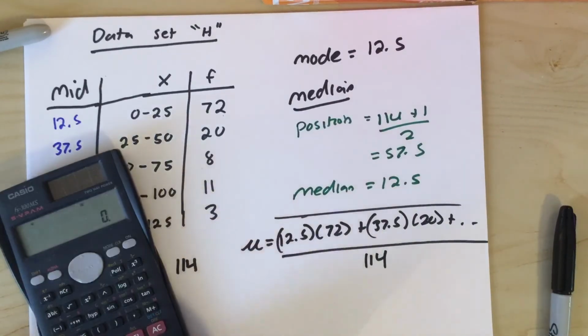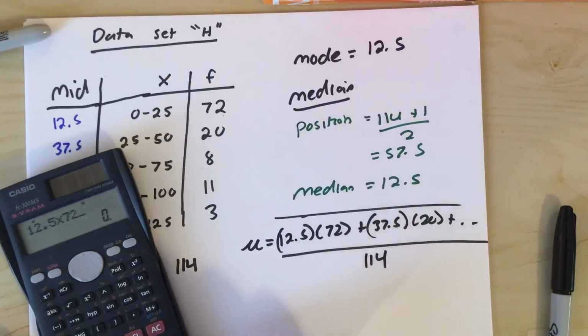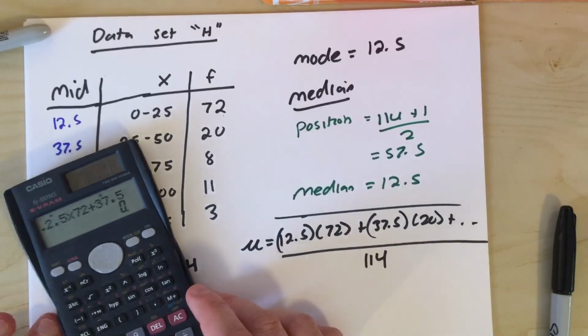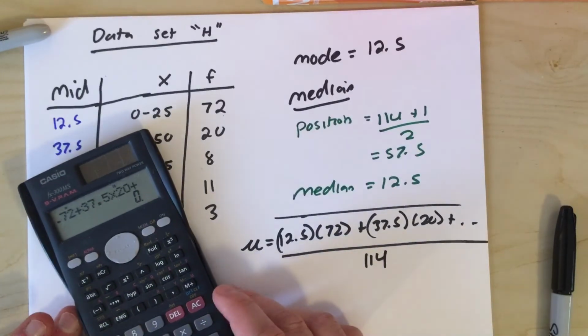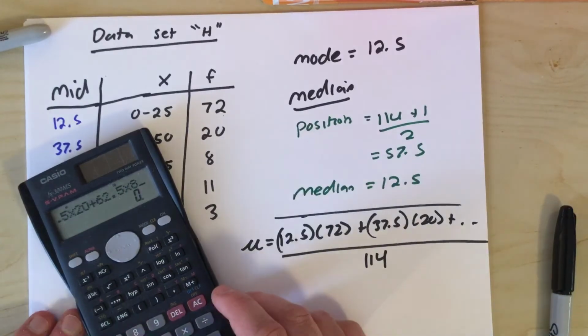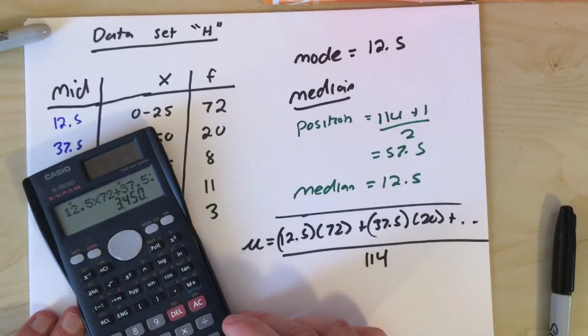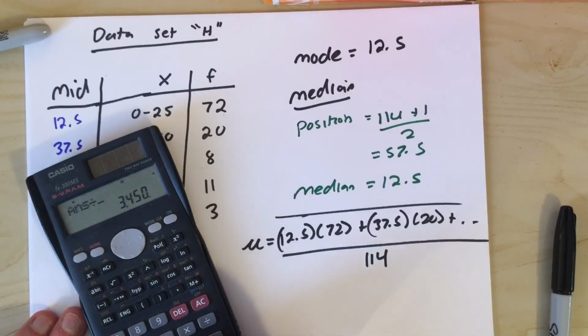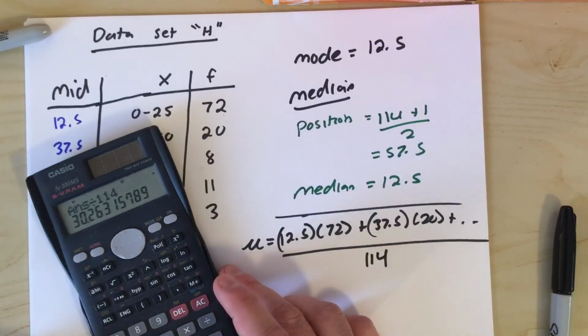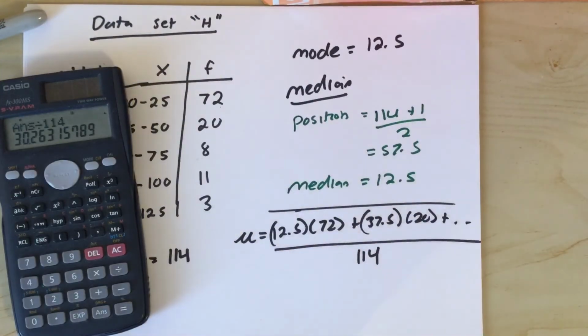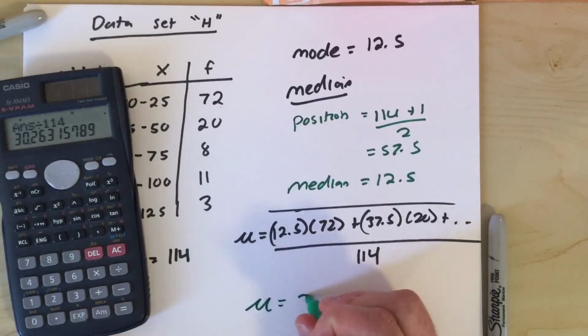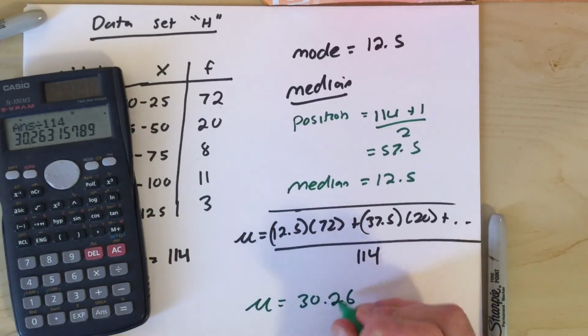So it's 12.5 times 72 plus 37.5 times 20 plus 62.5 times 8 plus 87.5 times 11 plus 112.5 times 3 equals, that's a big number, divided by 114, and I got 30.26. And so the mean in this case is 30.26, or probably just 30.3.